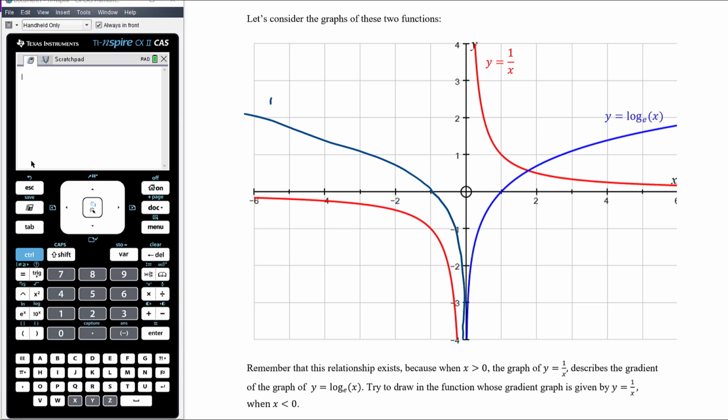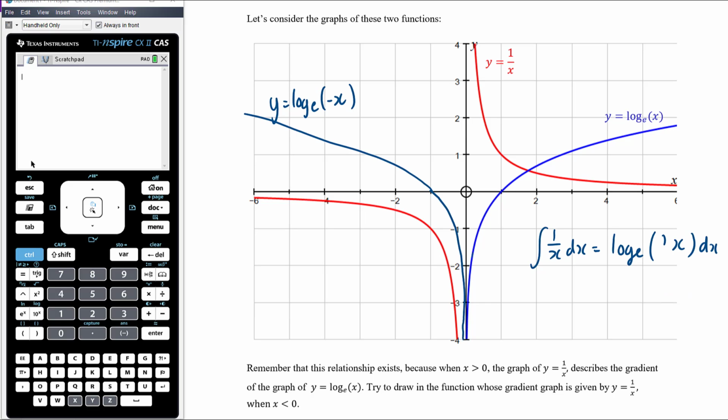Okay, so if we also had y equals log e of negative x, then it would be true that the integral of 1 on x with respect to x would be equal to log e of plus or minus x. Okay, it's only equal to positive x if we say that x has to be greater than 0.